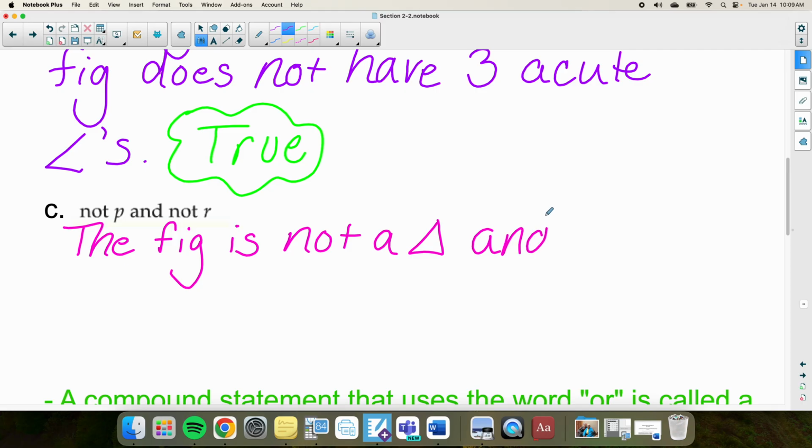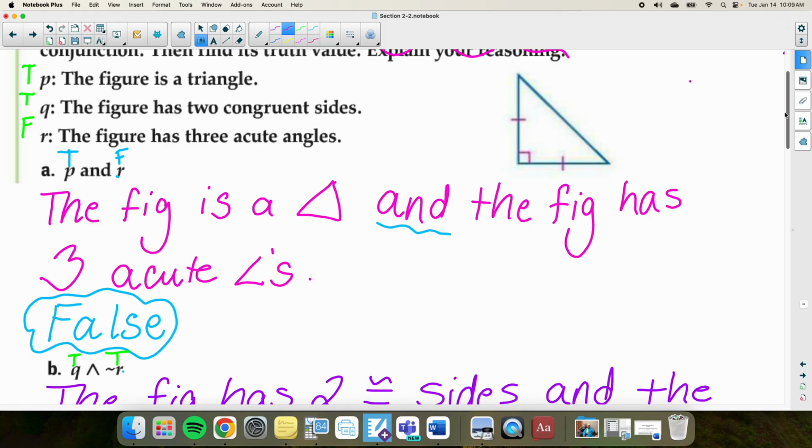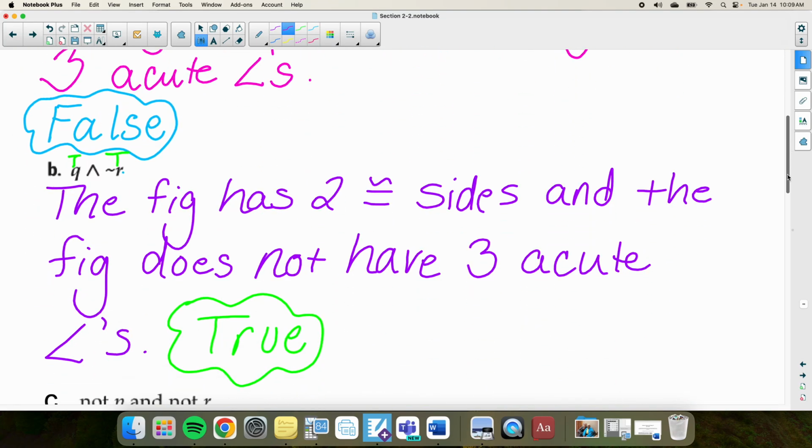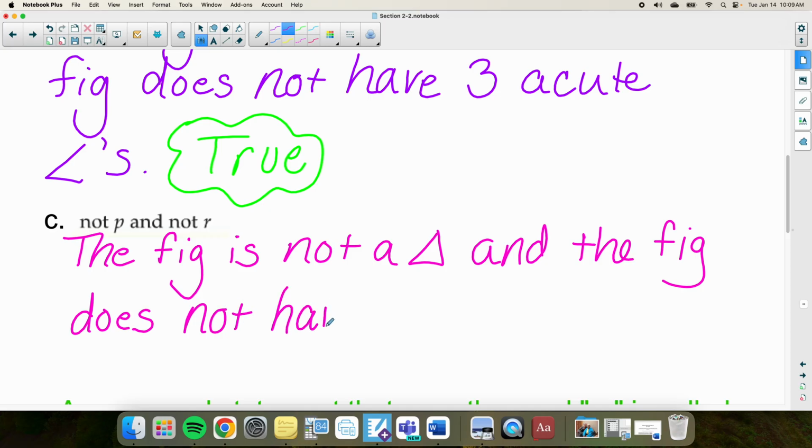And I have to do not R. R is the figure has 3 acute angles, so it's actually going to be the figure does not have 3 acute angles. So, and the figure does not have 3 acute angles.